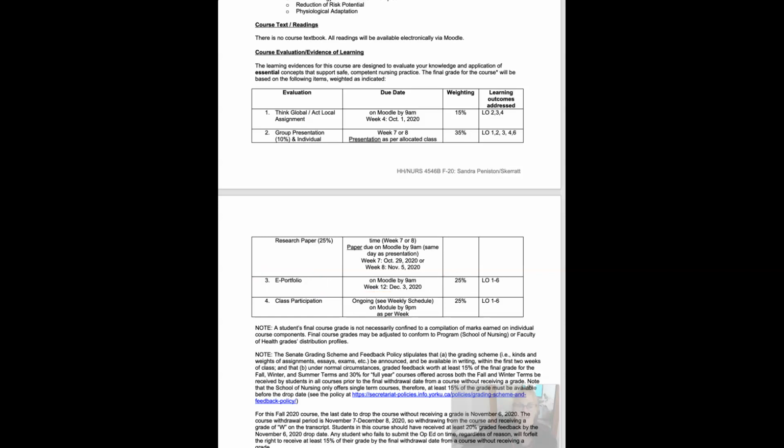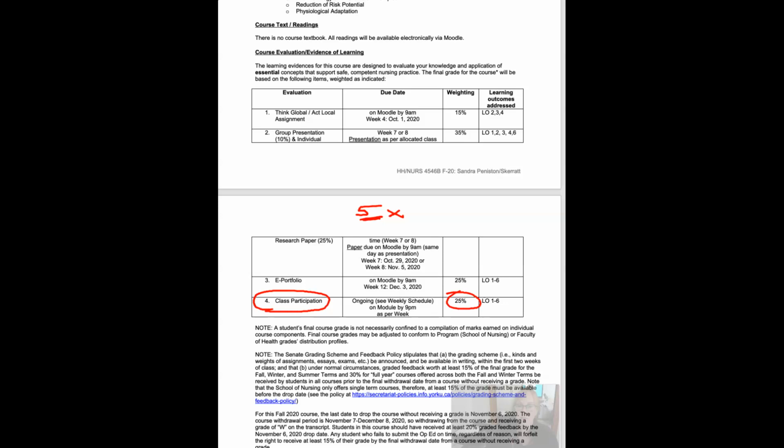Class participation is worth 25% of your mark, and these are ongoing. You're going to notice about 7 times throughout our course, you will have an opportunity to participate in a class participation activity. 7 times, but you only have to do 5 of these assignments, so you have a choice of whichever 5 you want to do.